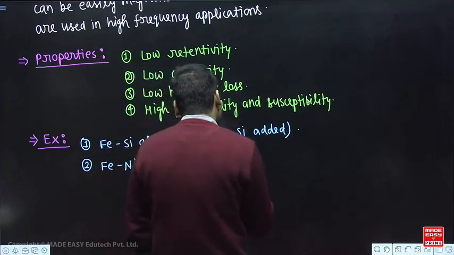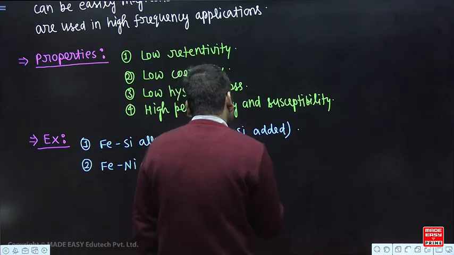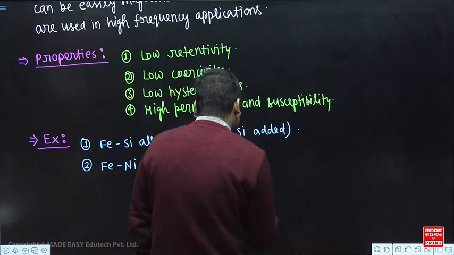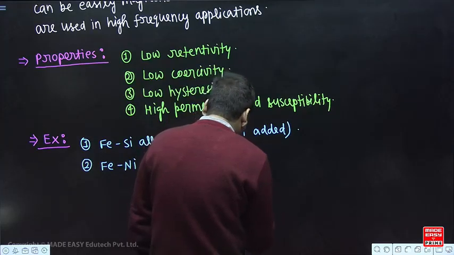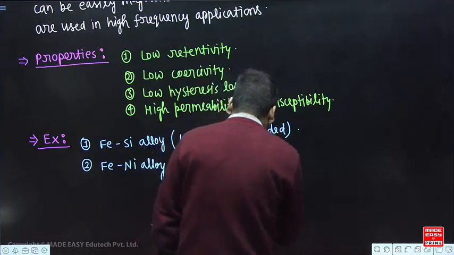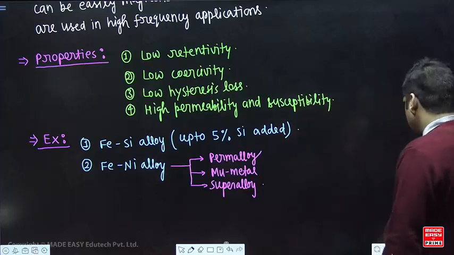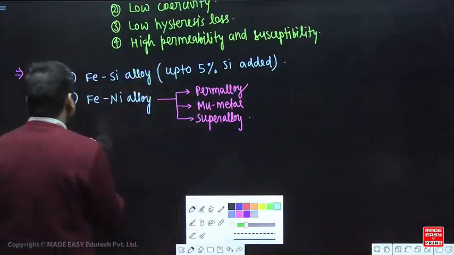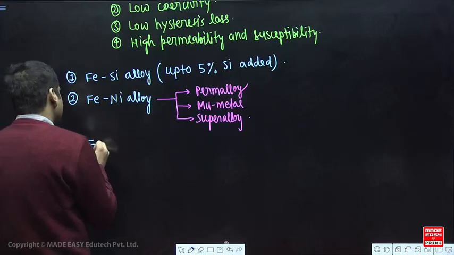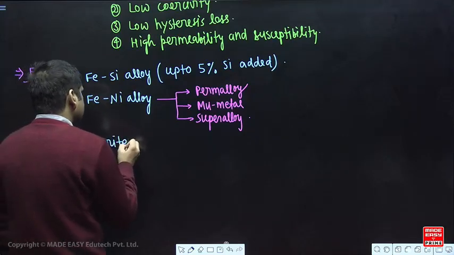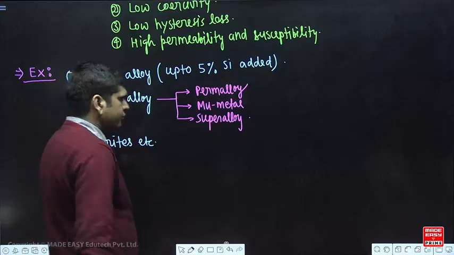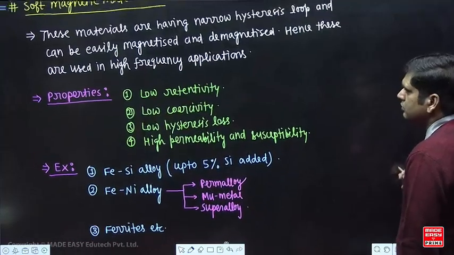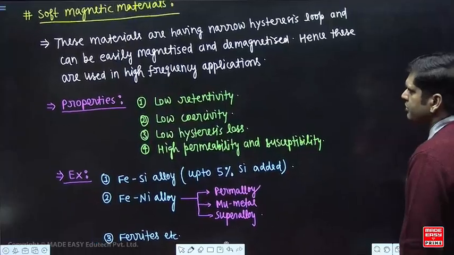Perm alloy, mu metal, it is also an alloy of ferrous and nickel, and super alloy. And then ferrites, etc. are examples of this class of materials. Please note down it.